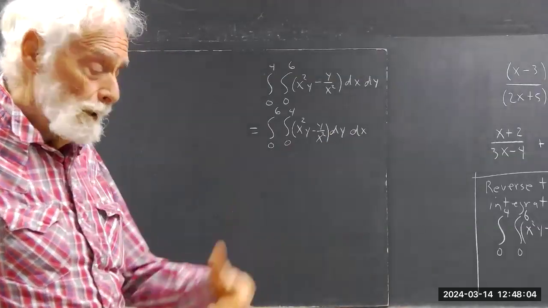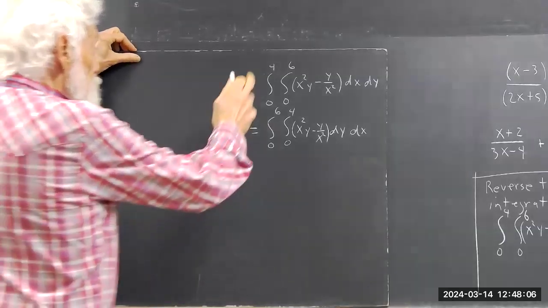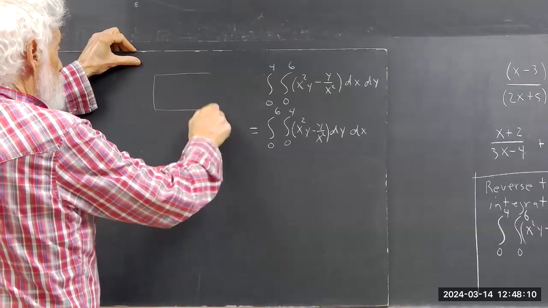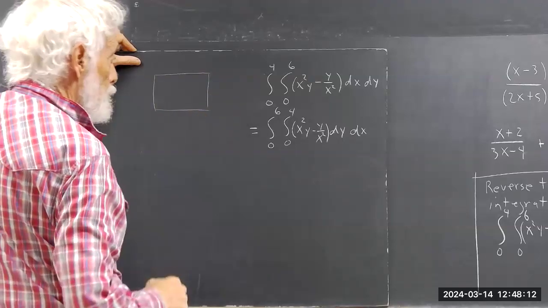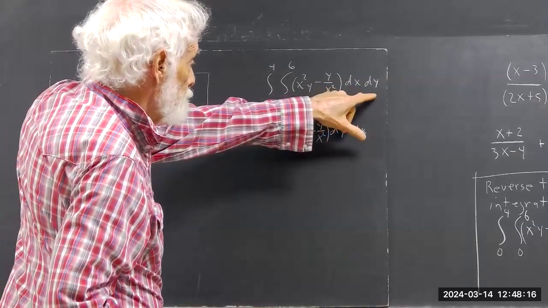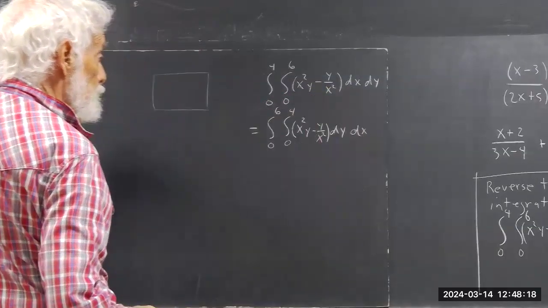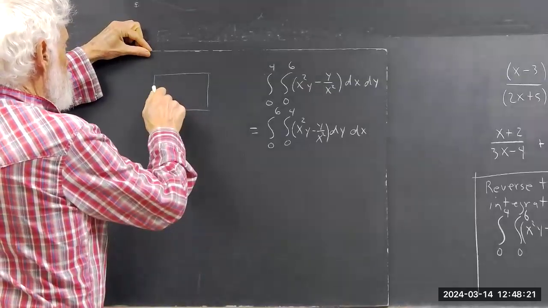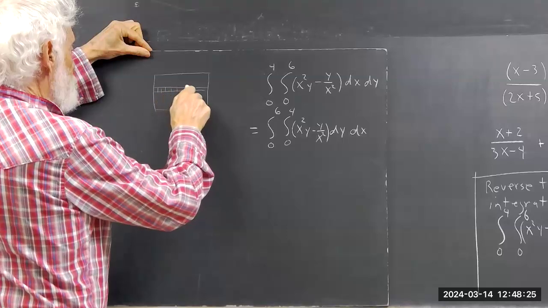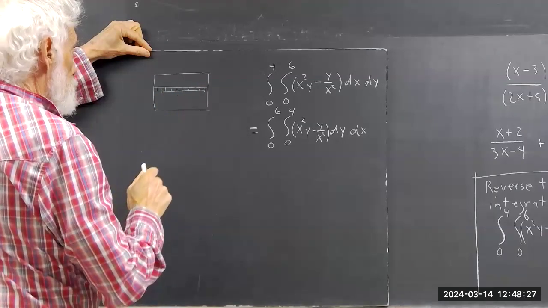Okay? Well, let me kind of emphasize this a little bit. Written this way, you've got the region, and if you integrate with respect to x first, and then with respect to y, it's like you're looking at strips parallel to the y-axis.